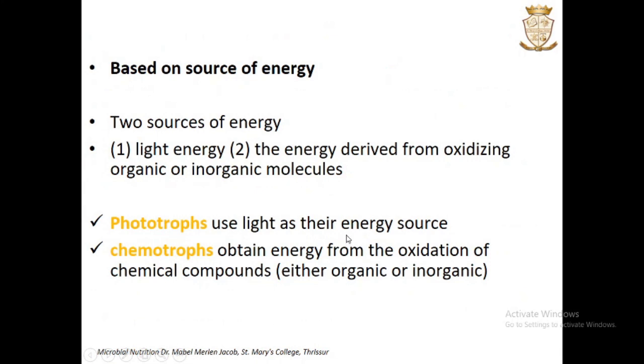Now, based on sources of energy, which we discussed just now, there are basically two sources of energy: light energy and energy derived from oxidizing organic or inorganic molecules. Phototrophs use light as their energy source. Chemotrophs obtain energy from the oxidation of chemical compounds, either organic or inorganic.